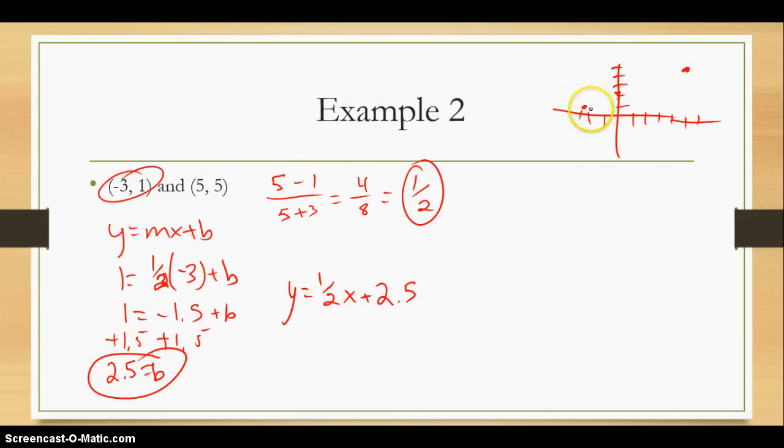So we do 1 over 2, rise over run. Sometimes they do this, where they go down a half over 1. Okay, so we'll find out that our points are on that line.